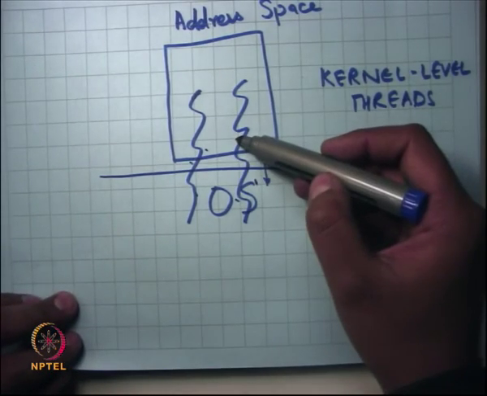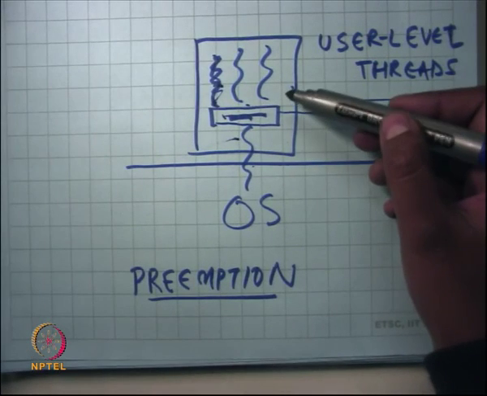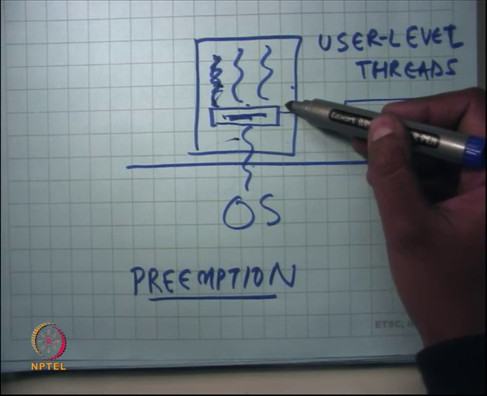The advantage of kernel level threads is that they give you physical concurrency. The advantage of user level threads is that context switching is much cheaper.